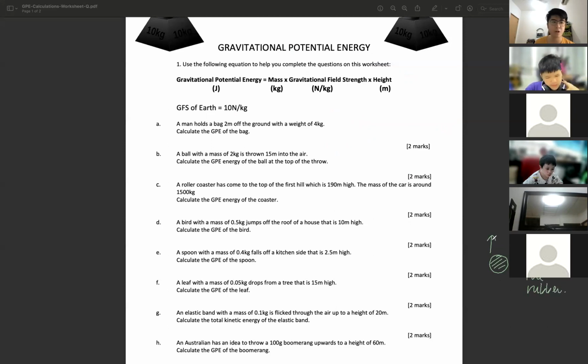The rubber band is used to launch the object high. The moment it leaves the rubber band, the speed is maximum. It is moving the fastest because as it travels upward, the speed slowly reduces. At some point, eventually the speed is 0 and it has to reverse. That's why the maximum speed is when the object leaves the rubber band.